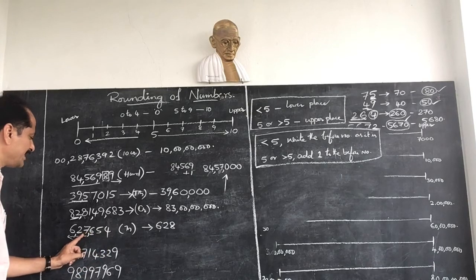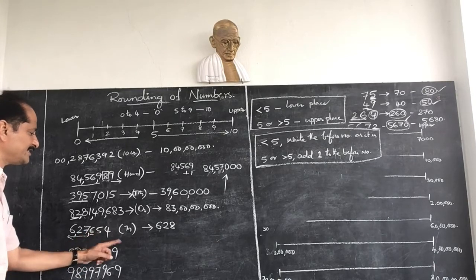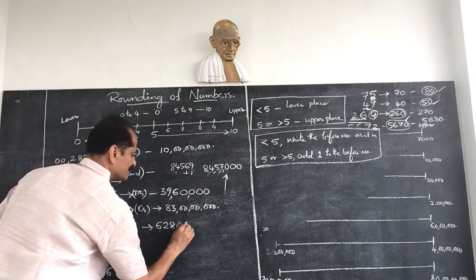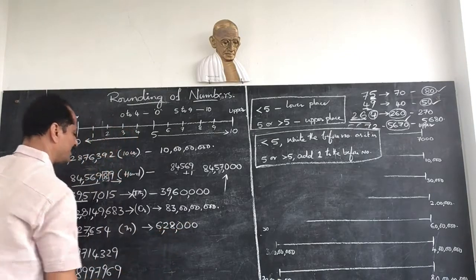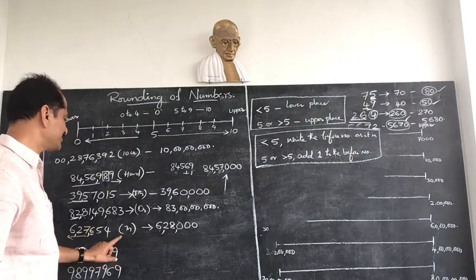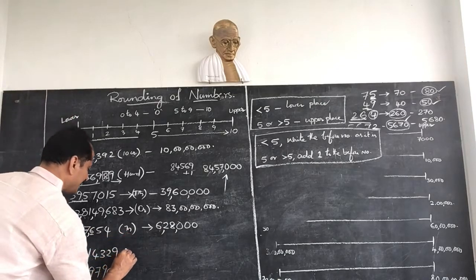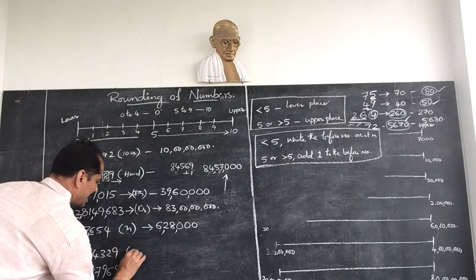Thousands place కాబట్టి నెక్స్ట్ లోవర్ దాన్ thousands place లో ఉన్న అన్ని జీరోస్ రాశారు. సో hundreds, tens, ones, zeros, 3 zeros. So that means this number should be rounded to 6,28,000 to the nearest thousands place. Round off this number to the nearest 10 lakhs.